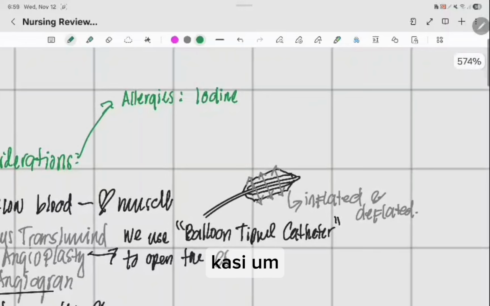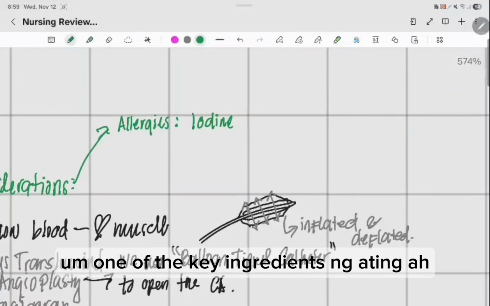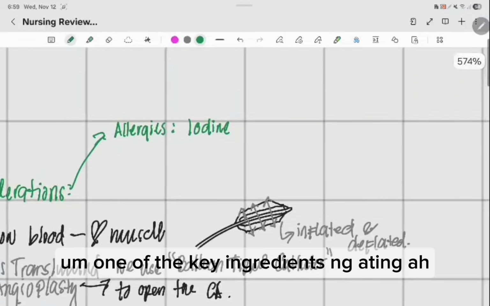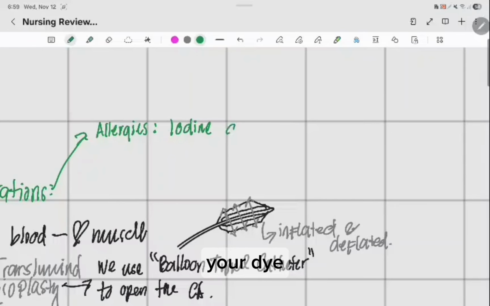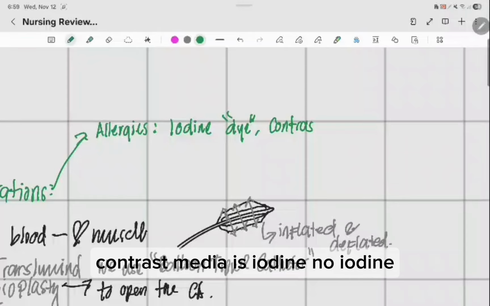Kasi one of the key ingredients ng ating dye, yung contrast media, is iodine.